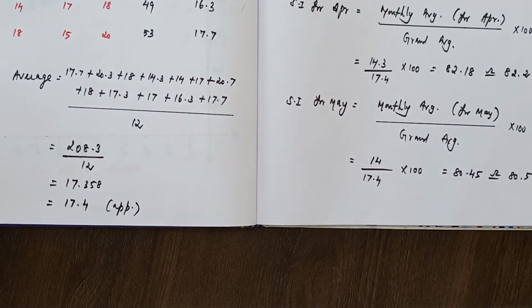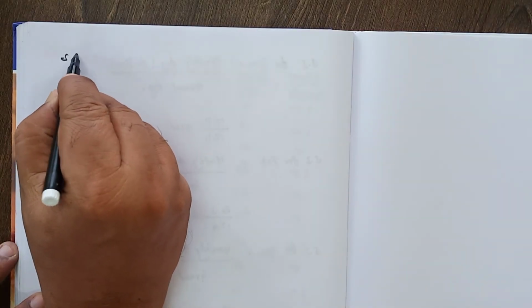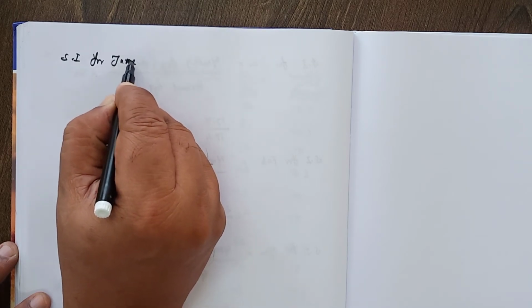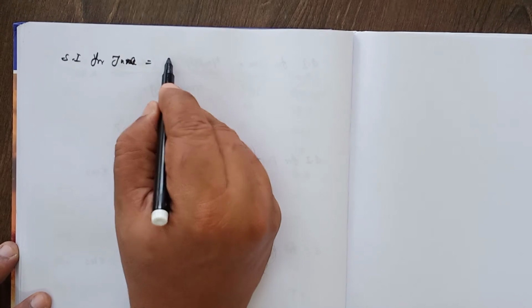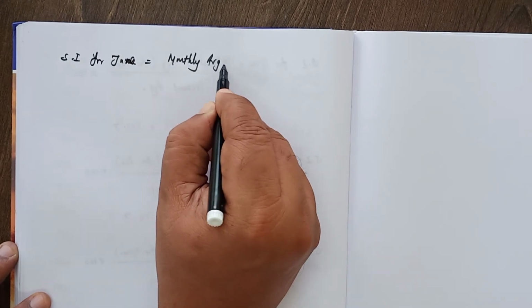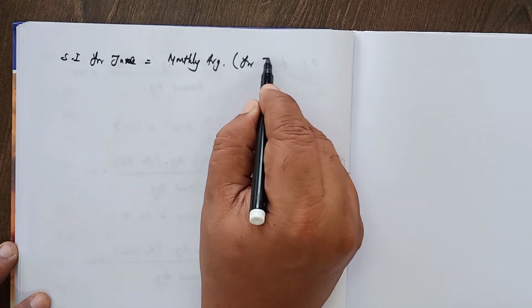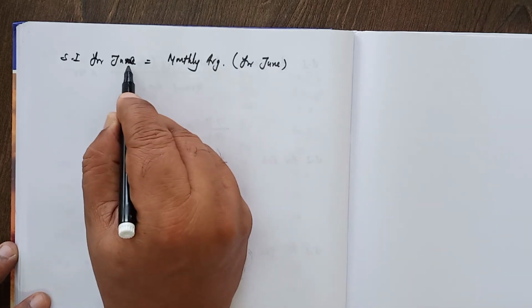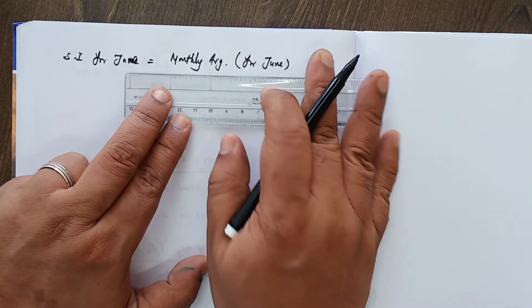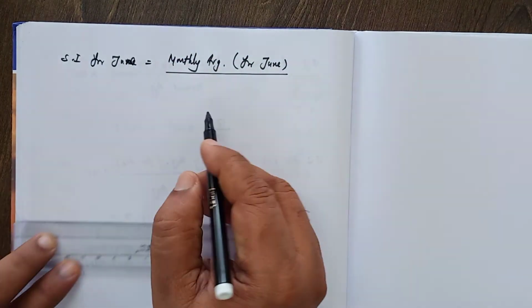Now the next month is June. Seasonal index for June month, SI for June, equals monthly average for the month of June divided by grand average into 100.